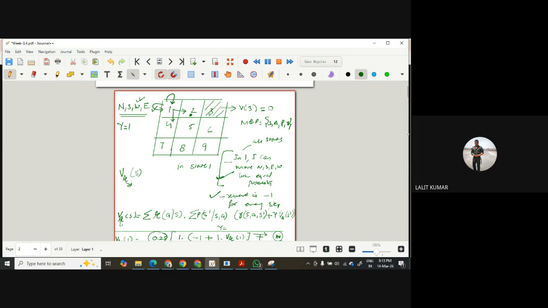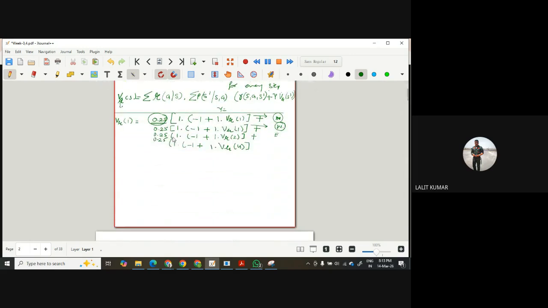Now what happens for the Bellman equation? Now when you have done this, you remember, here you have got V pi 1, V pi 2, V pi 4. Similarly, you will do for V pi 2, V pi 4, V pi 5, V pi 7, all that. All of these equations are linear equations, which can be solved. These equations are known as Bellman equations.